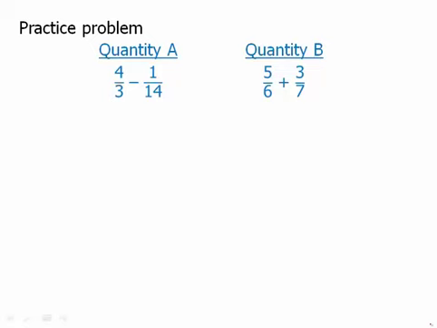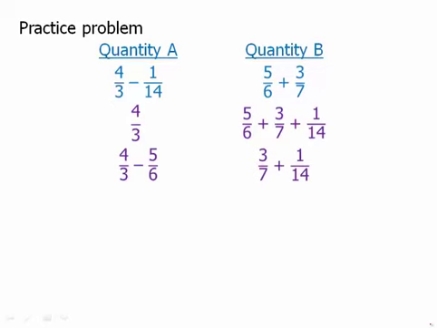So I'm going to add 1/14 to both sides to get the 1/14 over on that side. Then I'm going to subtract 5/6 from both sides. That way I get the 3 and the 6 denominator in the same place. I get the 7 and the 14 denominator in the same place. Makes things much easier. Now finding common denominators is incredibly easier. I can just multiply 4 over 3 times 2 over 2. I can multiply 3 sevenths by 2 over 2.